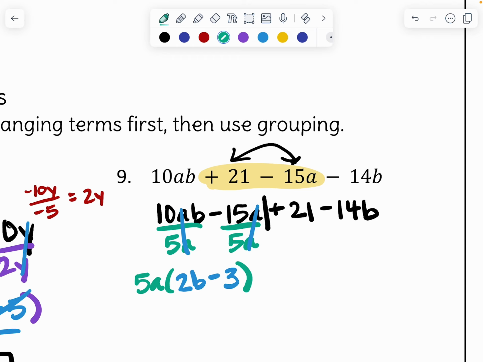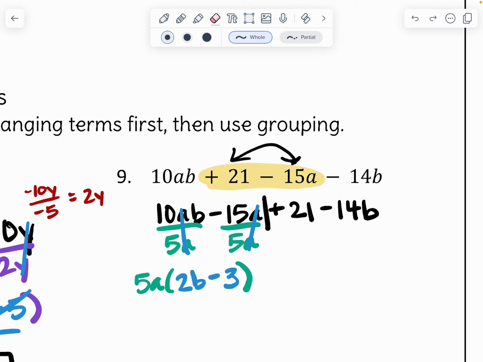Okay, now I'm looking at this, and I want the binomial that's going to match this one. Oops. So I would like for the b term to be on the left, not on the right here. Because when I divide, if I end up with a b on the right, then they're not going to match. So let's go ahead and switch these two now.